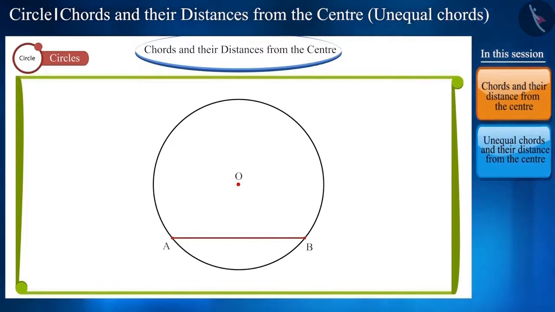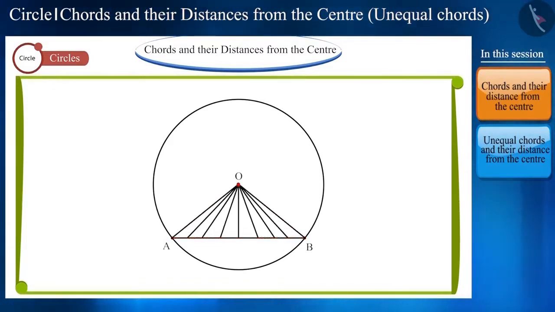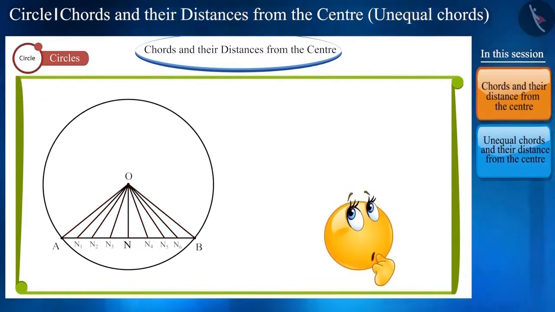To find the distance between them, if we join the infinite points on AB with the center O, then we will get infinite line segments of different lengths. Now, think which of these line segments will tell the distance between the center O and the chord AB.